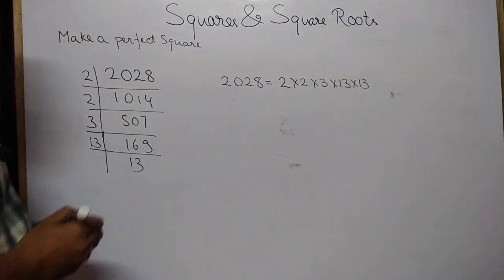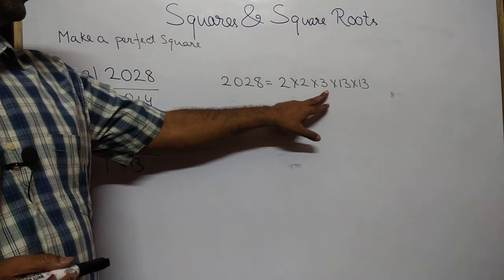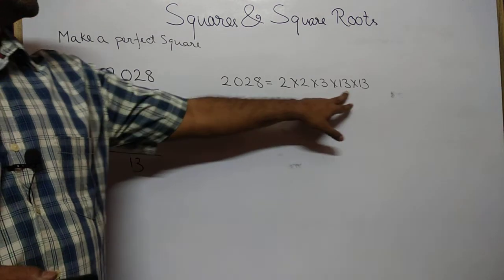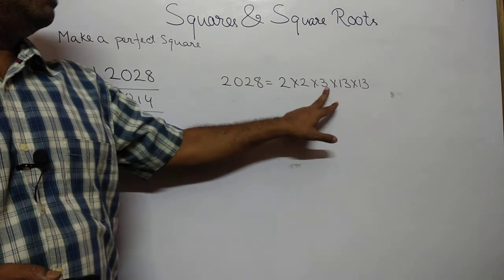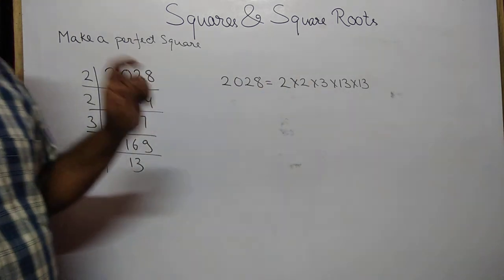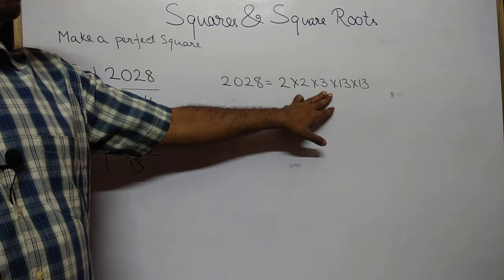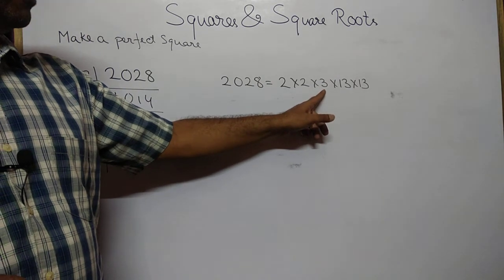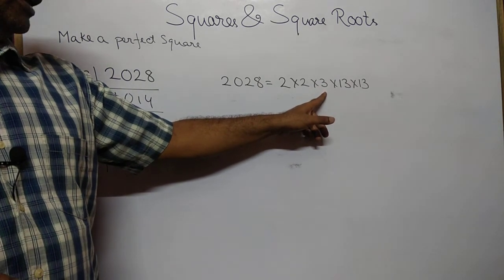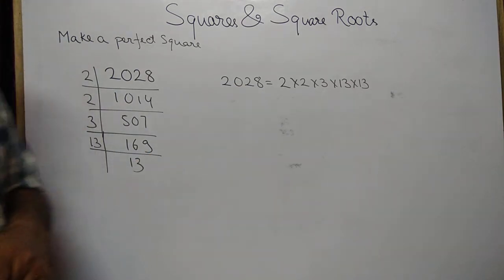As we are observing, these 2s are in pair, these 13s are in pair, but there is no pair of 3. So if we multiply this number by 3, we have a pair of 3 in the factors and the number becomes a perfect square.